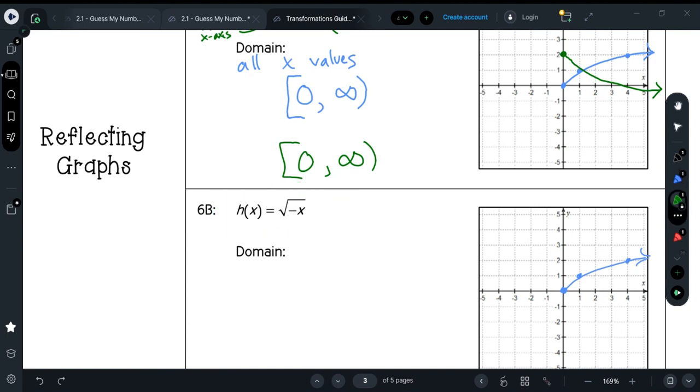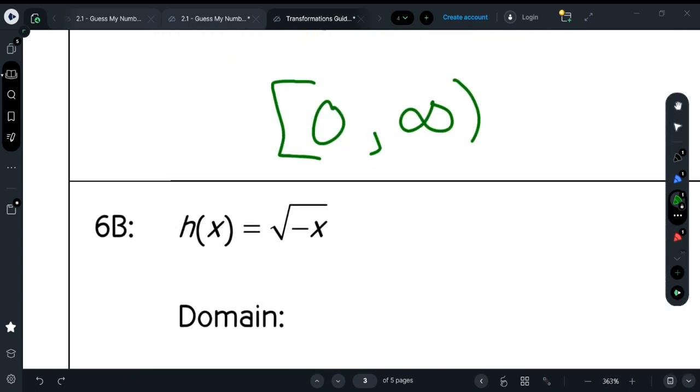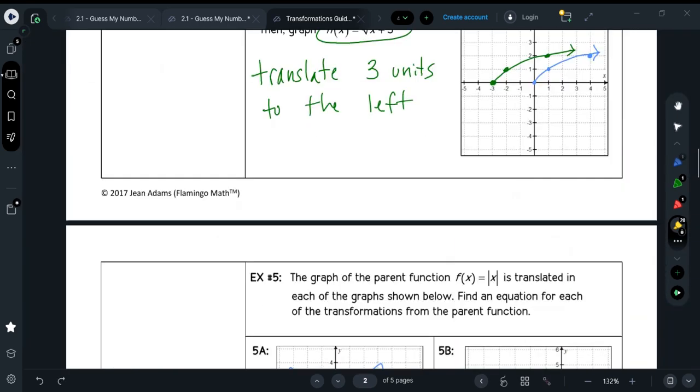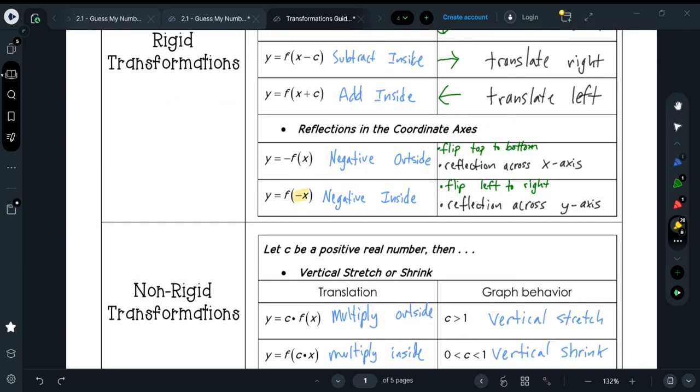So the only thing that's different between this one and the parent function is, of course, the negative sign. And this negative sign is on the inside. Okay, so if we want to go check our notes, let's see here. Hey, look, a negative on the inside flips the graph left to right, or in other words, a reflection in the y-axis.